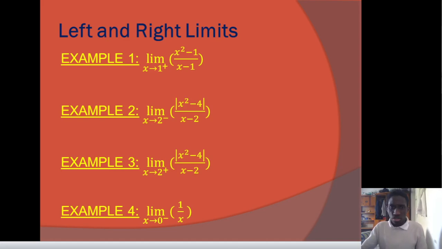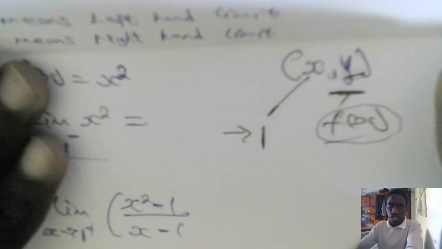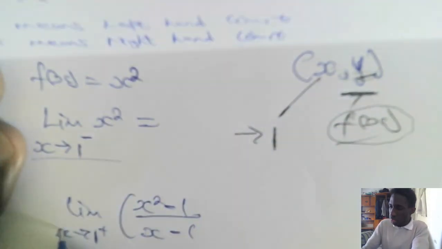So we'll just get right into that. Limit as x approaches 1 from the right of x squared minus 1 divided by x minus 1. Okay, so this is what we have.